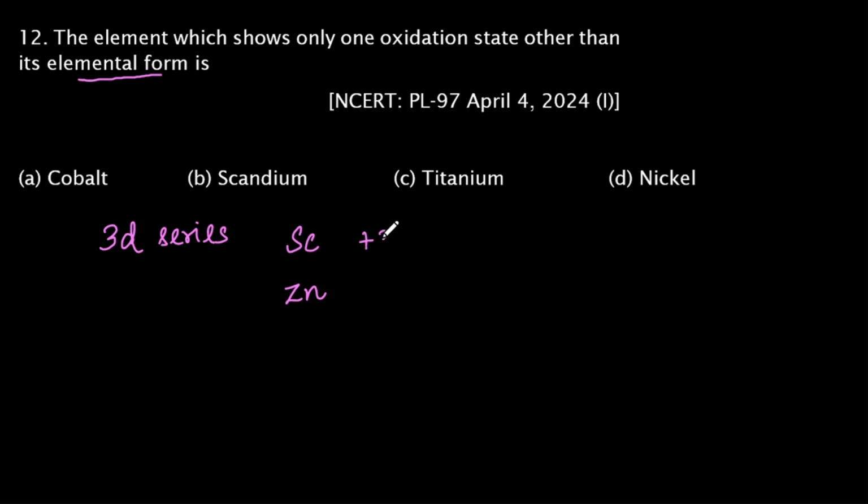Scandium exhibits +3 oxidation state and zinc exhibits +2 oxidation state. So these 2 elements do not exhibit any other oxidation state. Out of the options given, zinc is not mentioned here. So among cobalt, scandium, titanium, nickel, scandium is the answer. Scandium always exists in only one oxidation state, +3, other than its elemental form.